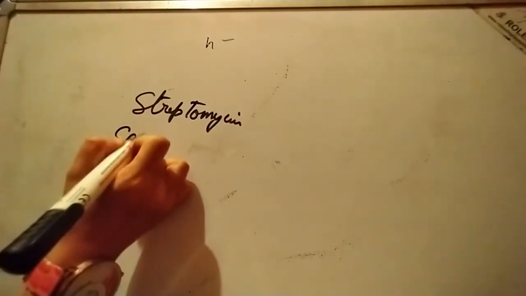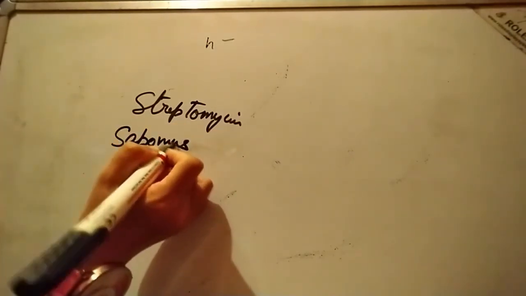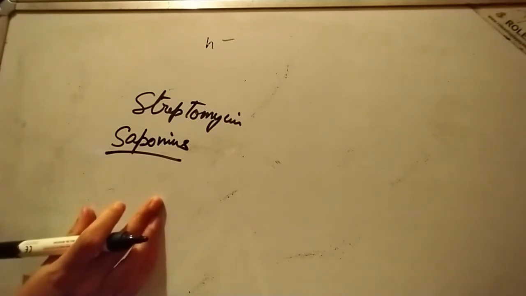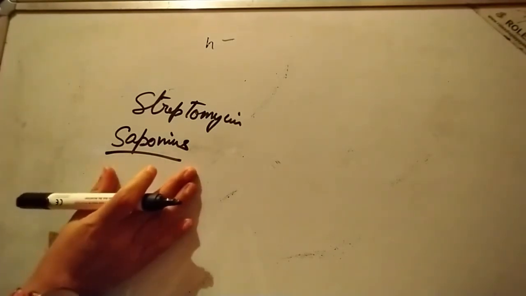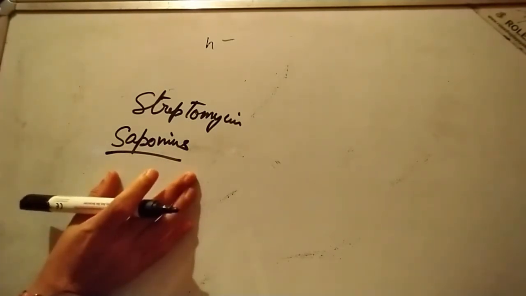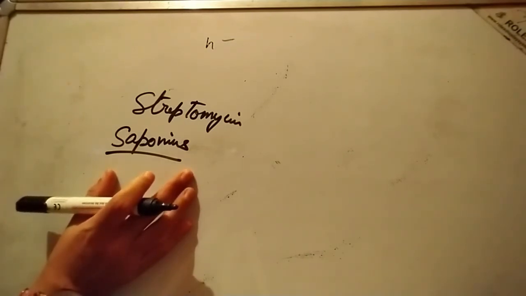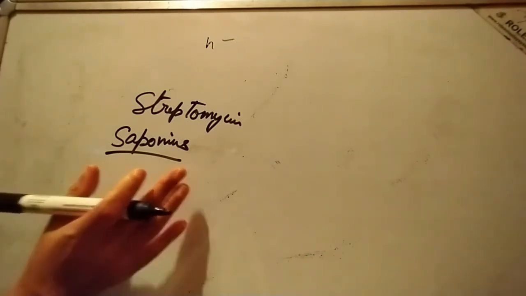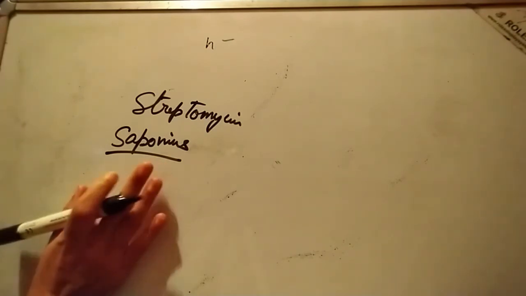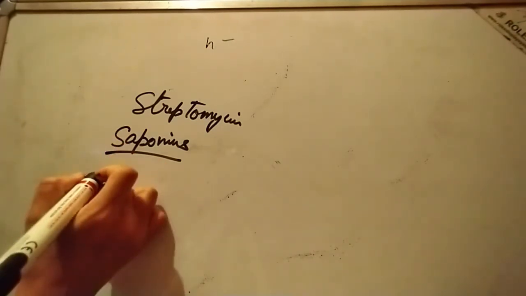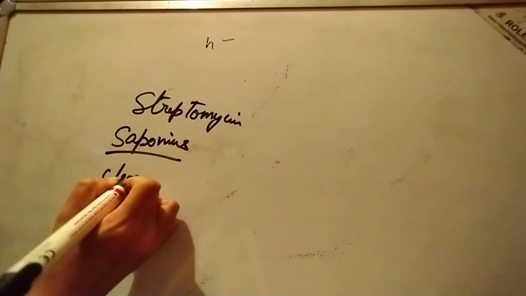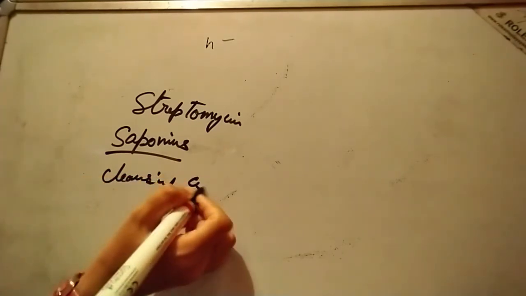And we have saponins. Saponins are widely distributed in plants, and they are glycosides that lower the surface tension of water. Saponin solutions have been used as cleansing agents.